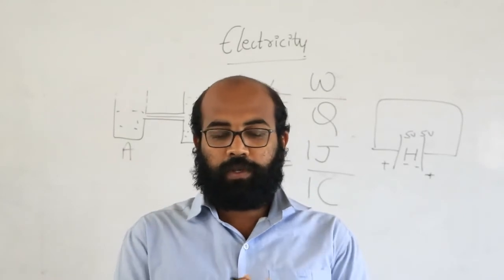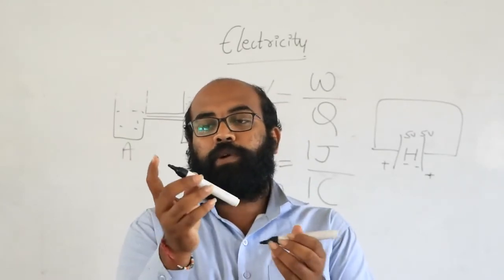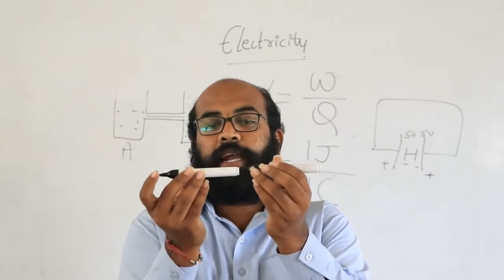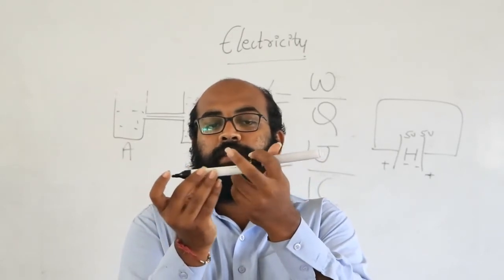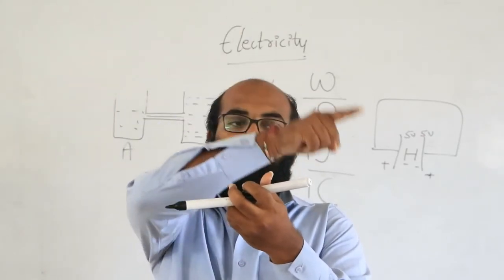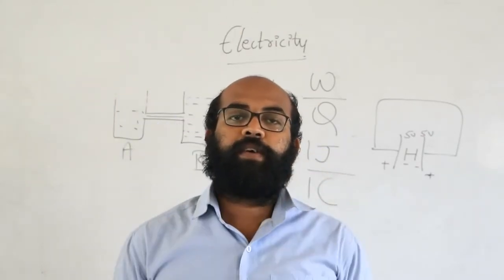Current flows only when this is positive, this is negative, this is positive, negative. When I connect like this, since this is a positive terminal, the current starts flowing like this and comes to the negative terminal.